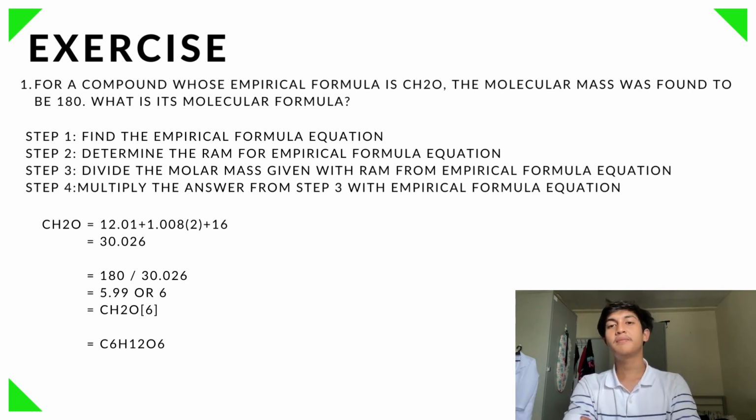And last step, multiply the answer from step 3 by the empirical formula. 12.01 plus 1.008 times 2 plus 16, and we will get 30.026 AMU. After that, we divide the molar mass given, which is 180, by the mass of the empirical formula. Last, we multiply the answer by the empirical formula and we will get the molecular formula.